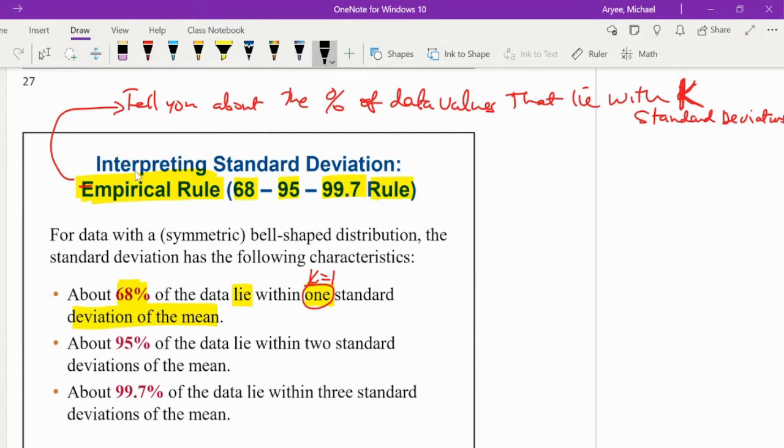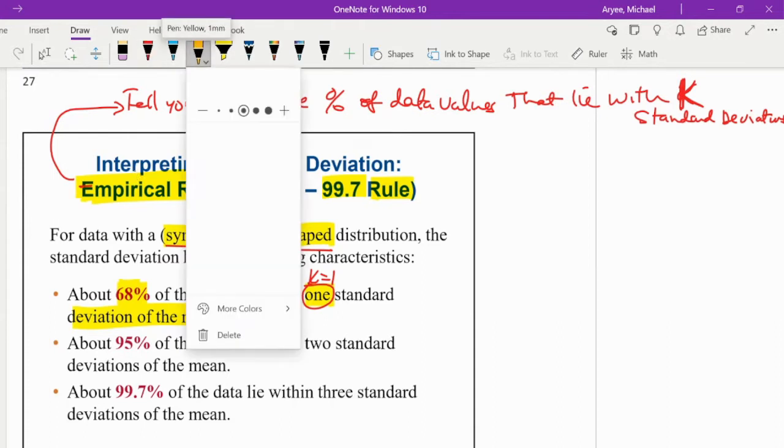First of all, the empirical rule is only about a bell-shaped distribution, all right, a normal distribution. So the empirical rule is only true for bell-shaped distribution. I need to indicate that because that's a very important statement.